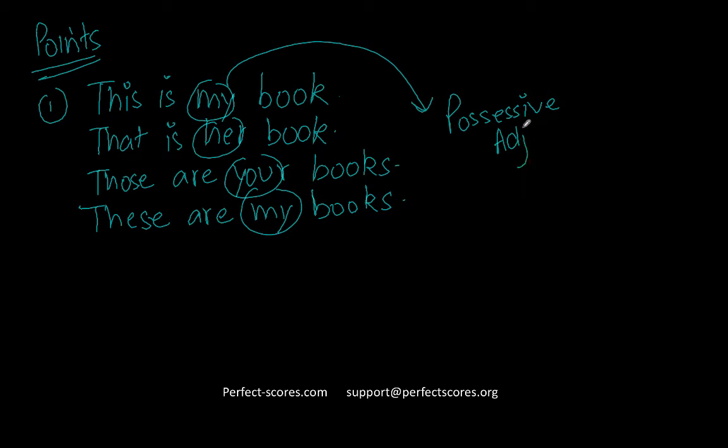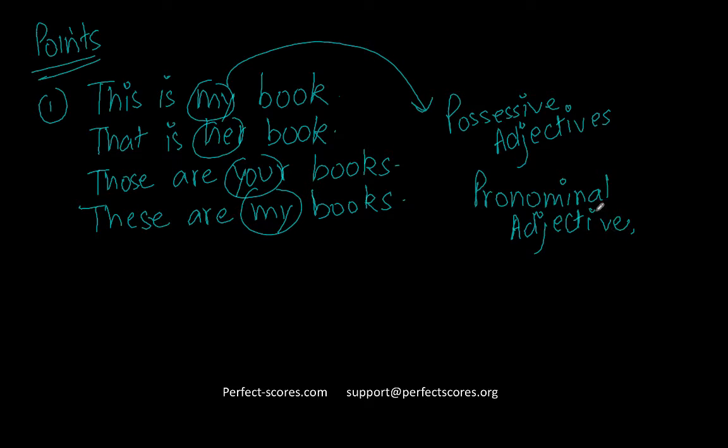So they are acting as possessive adjectives at this point of time because they're used with nouns and they're doing the work of adjectives. And sometimes these adjectives are also called pronominal adjectives. You don't probably need to know the term, but just for knowledge, I'm telling you this. Pronominal adjectives because they're made from pronouns.